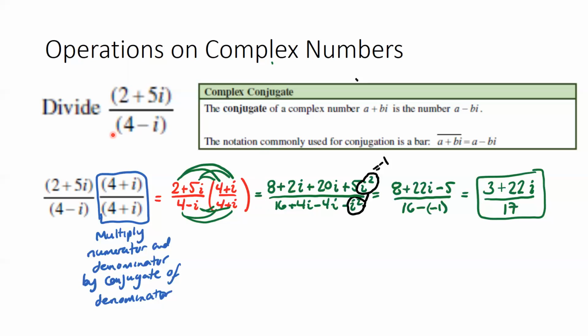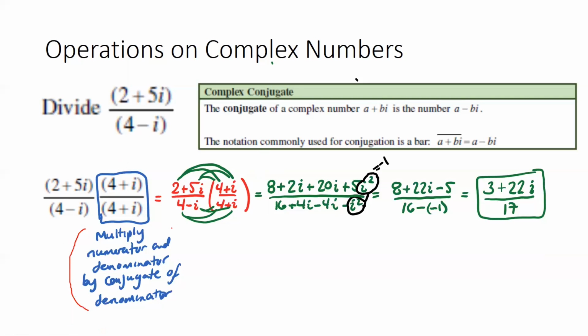What mathematicians did, though, is they said, how about we just rewrite this division to where it's a multiplication by 1, and we'll get rid of the complex parts. The complex parts will sort themselves out. Now, here's the way that they did that.